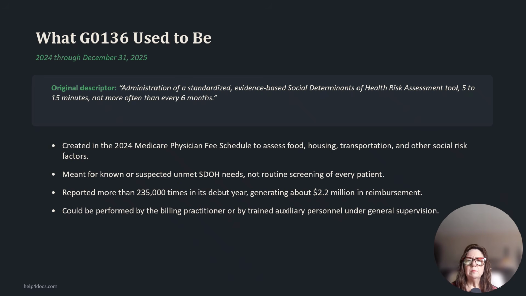It wasn't supposed to be a screening that you ran on every person. It was for when you had a reason to believe something was interfering with the patient's care. And practices used it a lot, over 235,000 times in that first year alone, so north of $200 million in reimbursement. So that's a well-established workflow for a lot of you, right?